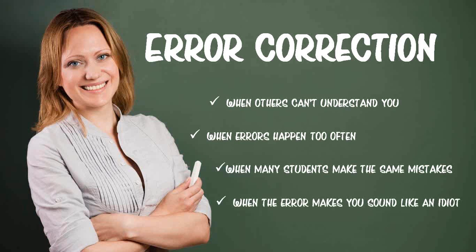Now, another point is quite important as well: when the error makes you sound like an idiot. Nobody would like to sound like that. So whenever a mistake you're making is embarrassing, it's good for the teacher to intervene and say, well, listen, this is not right. You should not say something like that.